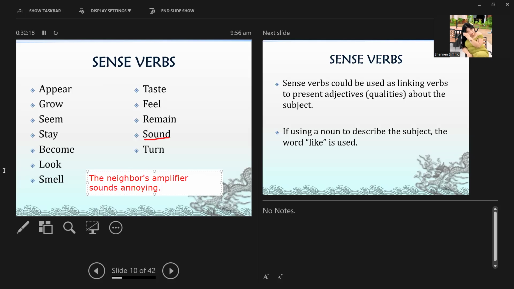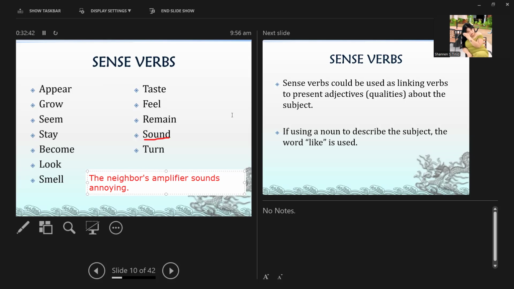Okay. So we have our subject, which is, ano yung subject natin dito, guys? Neighbor, amplifier, what? But what sounds annoying? Si neighbor ba yung annoying o si amplifier? So si amplifier yung subject.